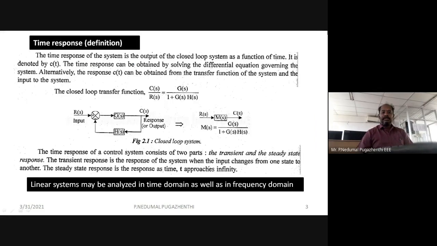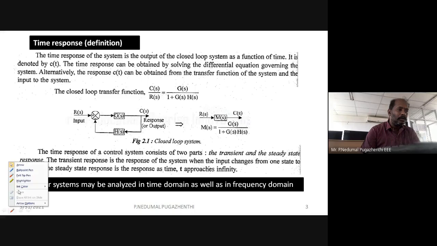If you see the definition, the time response of the system is the output of the closed loop system as a function of time. How do you represent a closed loop output? You represent it as C of t.